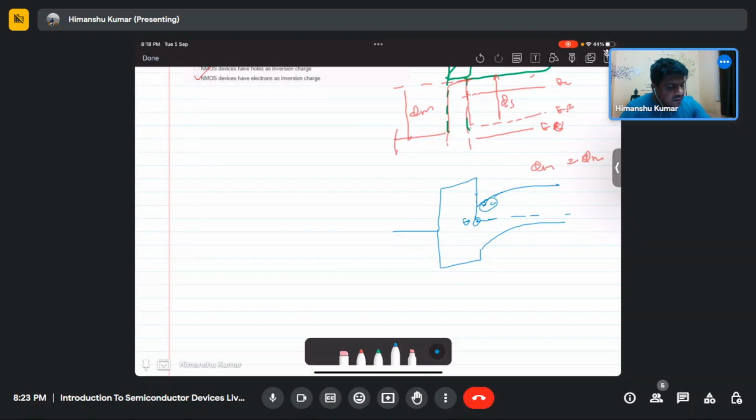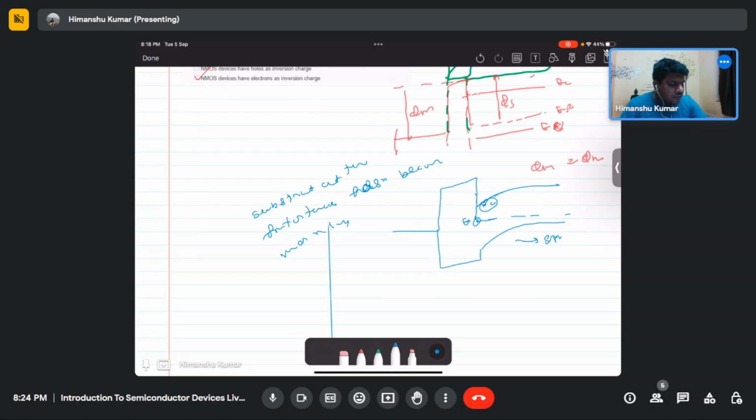That means the substrate at the interface has become more N type.